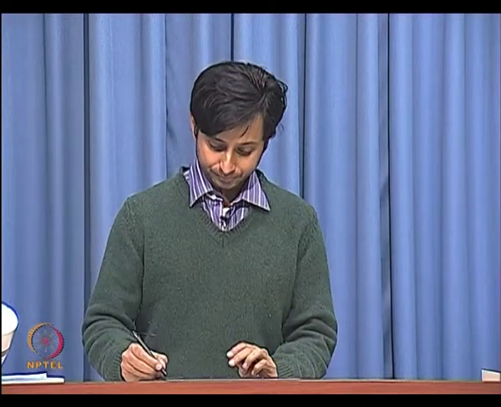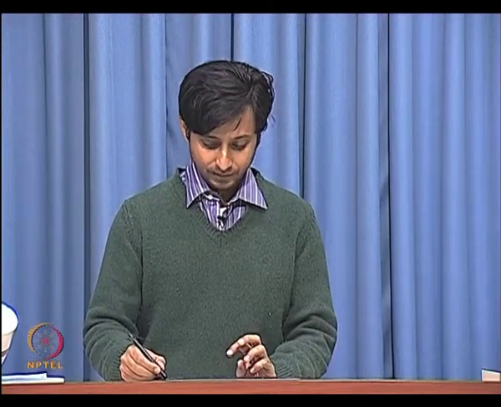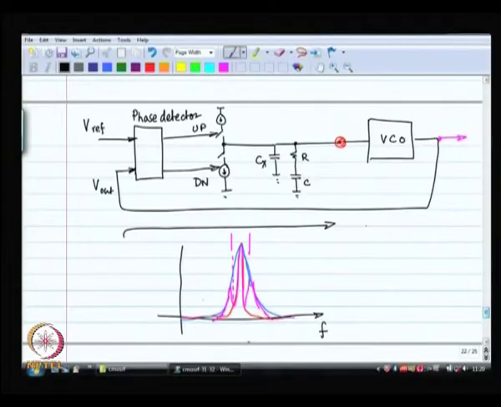Unfortunately, we want as large a loop bandwidth as possible, exactly the maximum amount of loop bandwidth where the dynamics still work according to our mathematical model of the phase lock loop. And the reason is that I want the VCO to have the phase noise properties of the reference oscillator.